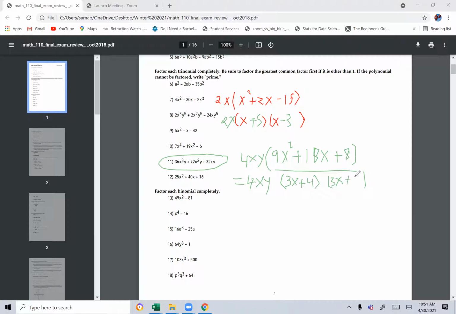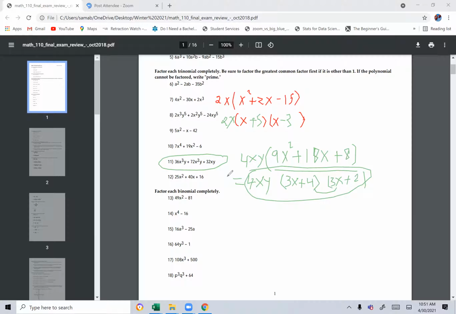You could try 8 and 1, but that probably is not going to work. So let's see if this worked. 3x times 3x is 9x squared. 3x times 2 is 6x. And 4 times 3x is 12x. 6x plus 12x is 18x. That's what I want, and that's the answer. So this is called trial and error.